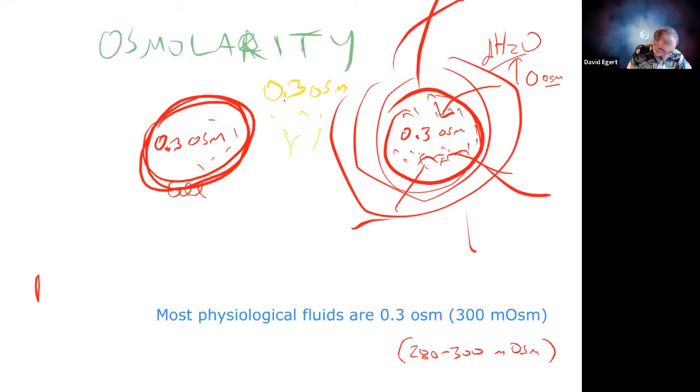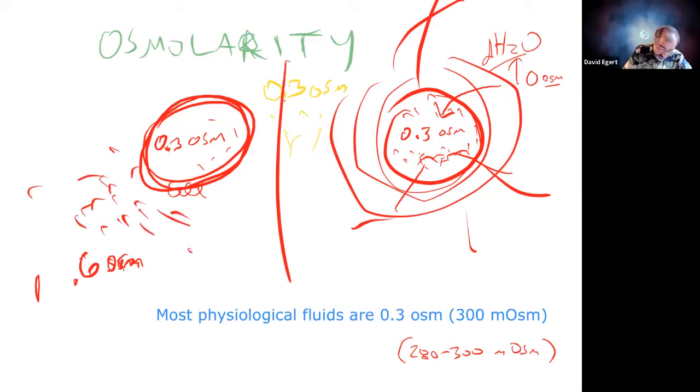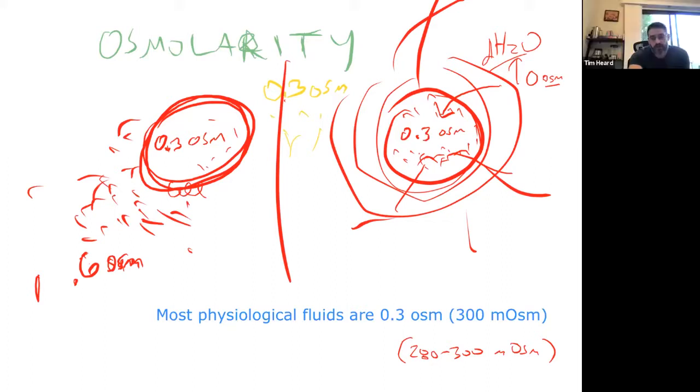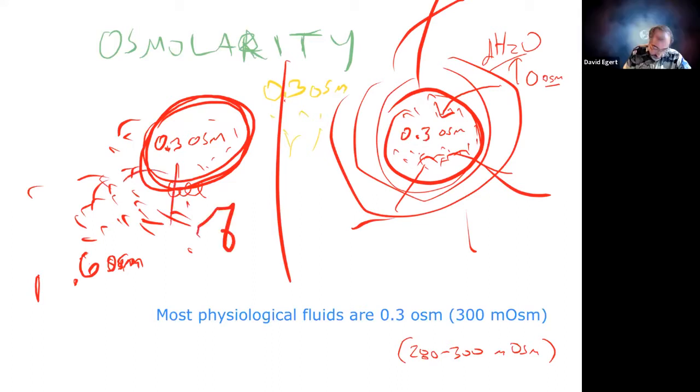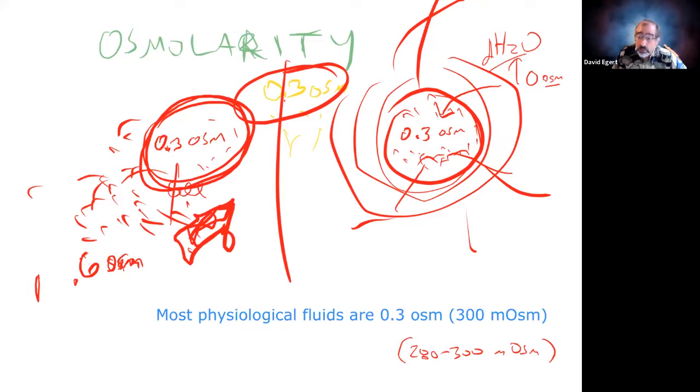What if I put this cell in, let's say, 0.6 osmolar outside? There's more stuff dissolved outside than inside the cell, so water is going to move out of the cell, and it's going to shrivel up as water leaves. So it's important that the outside of the cell is balanced to 0.3 osmolar, or else the cell is either going to blow up and maybe explode, or shrivel up like a little raisin.